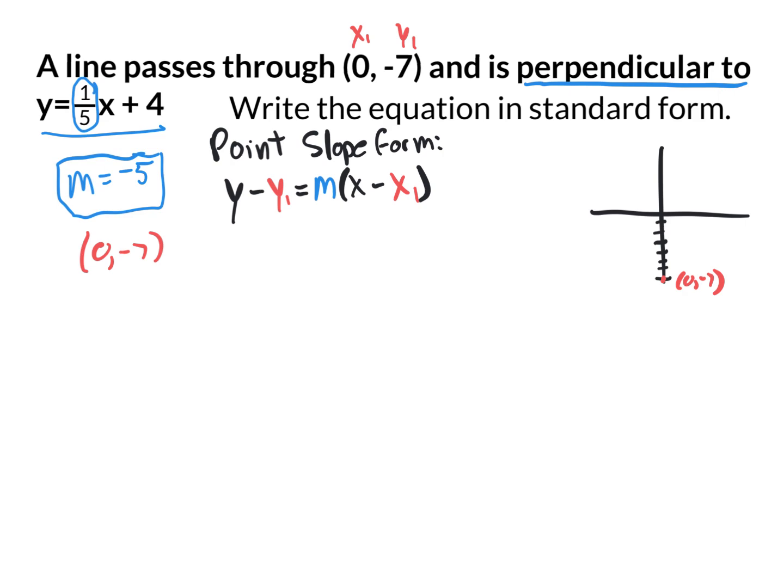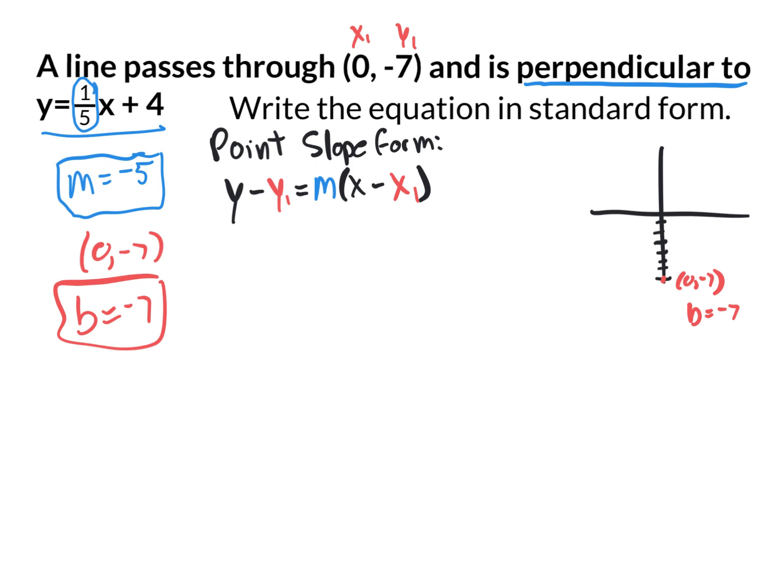So not only is it any point, but it's actually the b value, -7. Does that make sense? I hope so. So they actually give us the slope and the y-intercept.